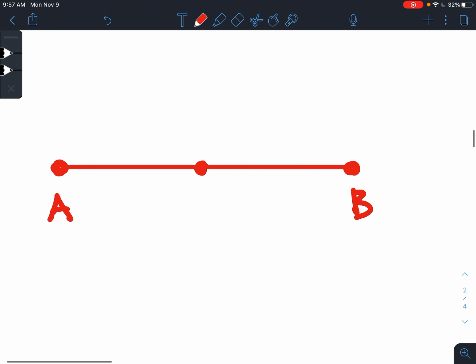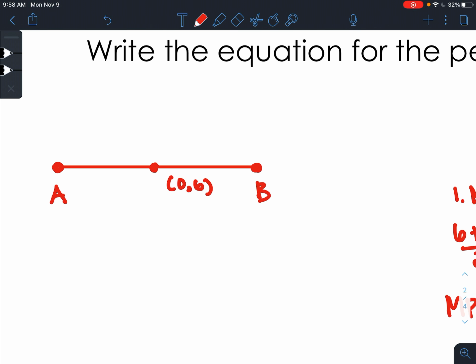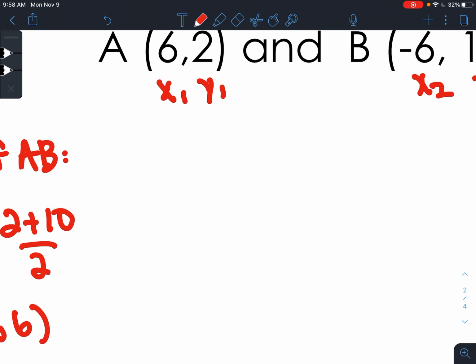Okay, so that's that point right here, 0, 6. Now, after that, what I would do is sketch the perpendicular segment that's coming down. So that perpendicular segment is going to be perpendicular to AB. So if I can find the slope of AB, then I can find the slope of this line right here, okay? So my second step now is to find the slope of AB.